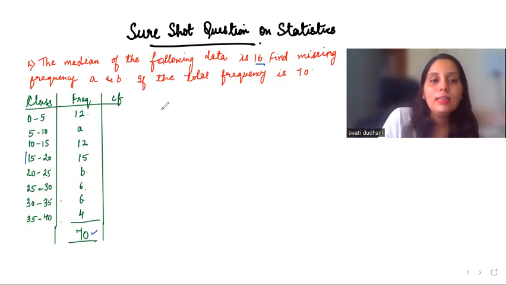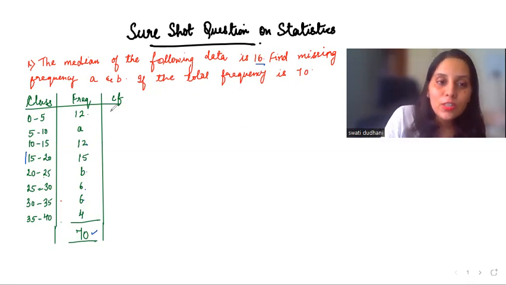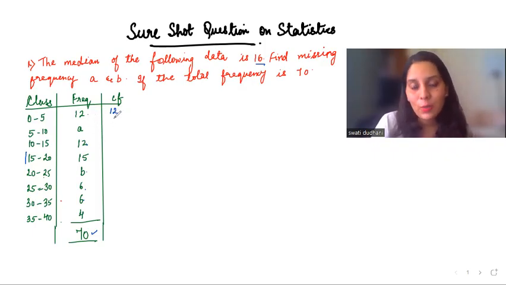So the first thing is we need to find the cumulative frequency. How do we find it? The first one we just write the same, and from there onwards we add the next frequency to the previous cumulative.